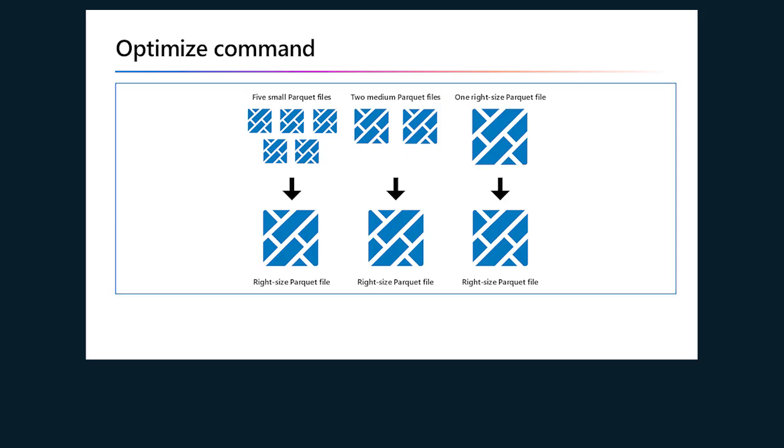By consolidating files and applying v-order, the optimize command helps achieve in-memory like data access times and reduces the resources required, like network, disk, and CPU, for read operations. Overall, the optimize command is a crucial tool for maintaining and improving the performance of Delta Lake tables in Microsoft Fabric.